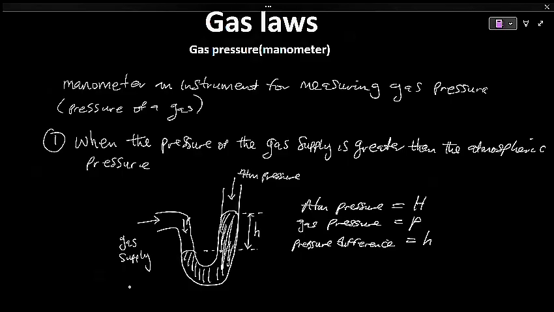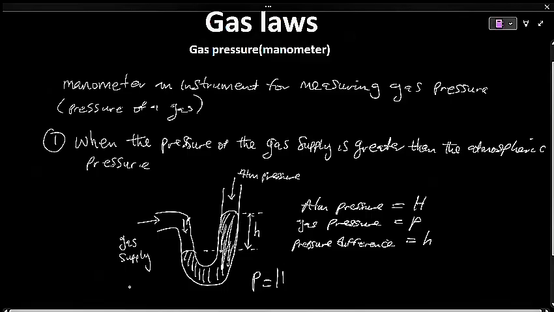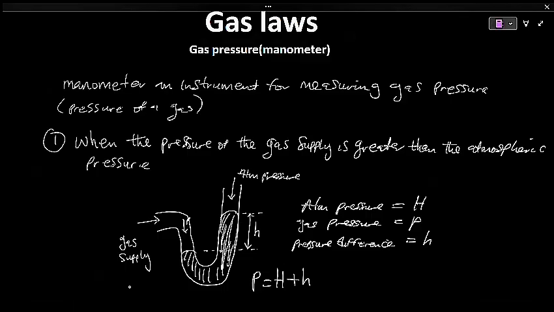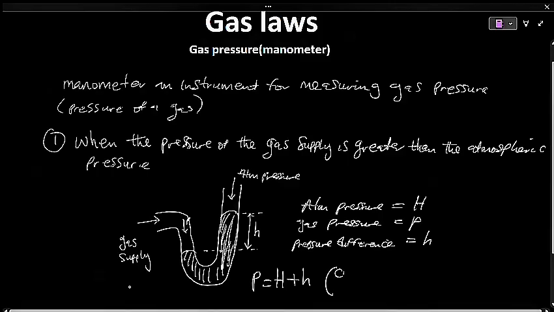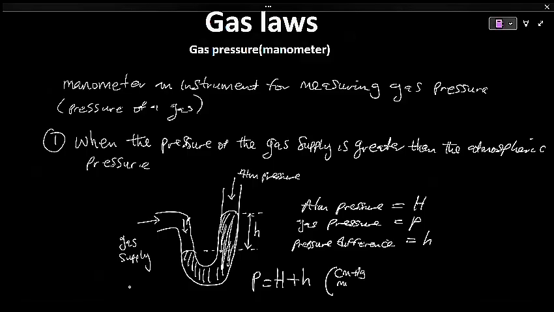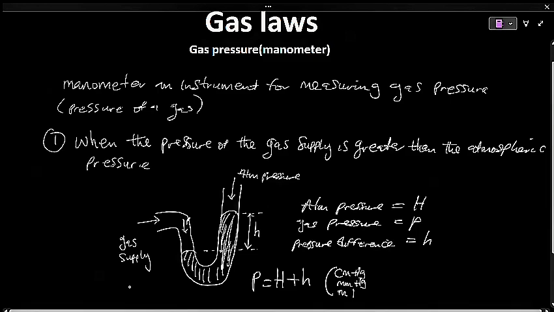The formula to calculate the gas supply pressure is P equals uppercase H plus small h, for case number 1, where H stands for the atmospheric pressure and small h stands for the pressure difference. We use this formula in terms of centimeter of mercury, millimeter of mercury, or meters of mercury.